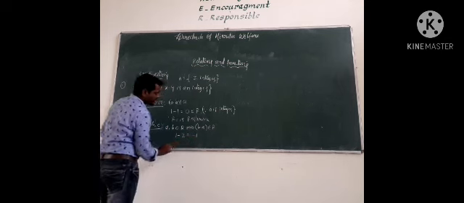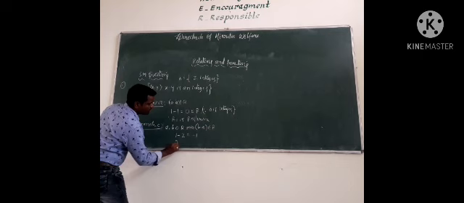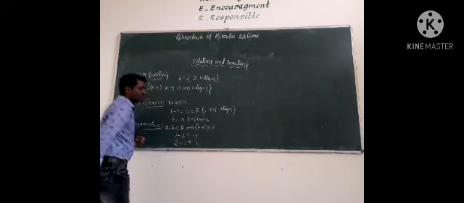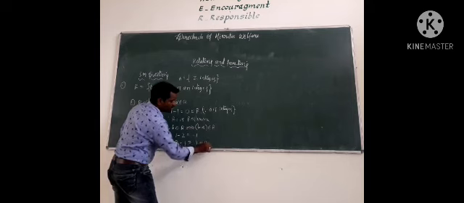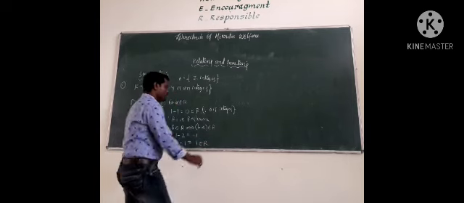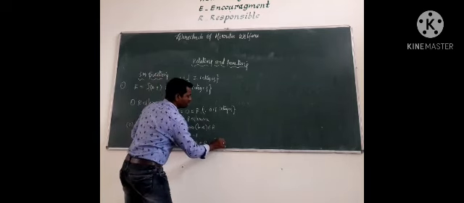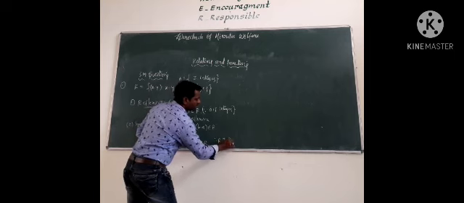This is an integer, and in reverse order, 2 minus 1 is equal to 1. This is also an integer. That means it belongs to R. Therefore, R is symmetric.